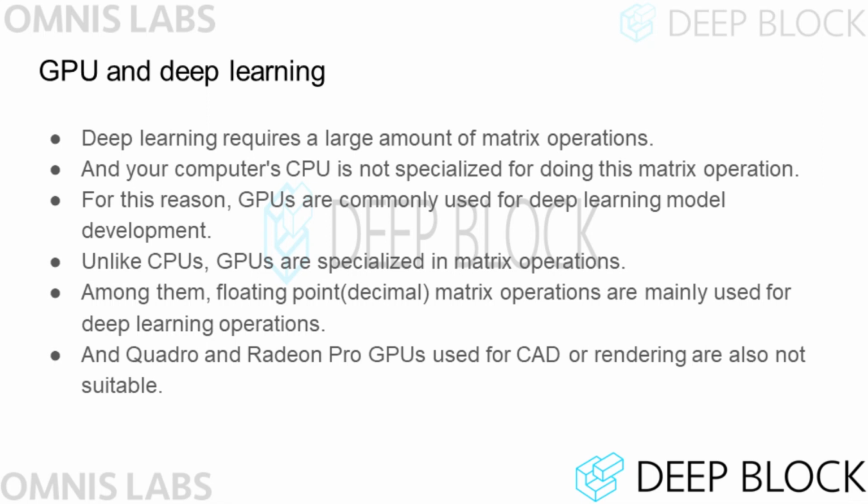There are a lot of matrix computation hardware units inside the GPU, so you can perform matrix operations quickly. For this reason, many AI researchers and engineers are using GPUs to implement deep learning models.